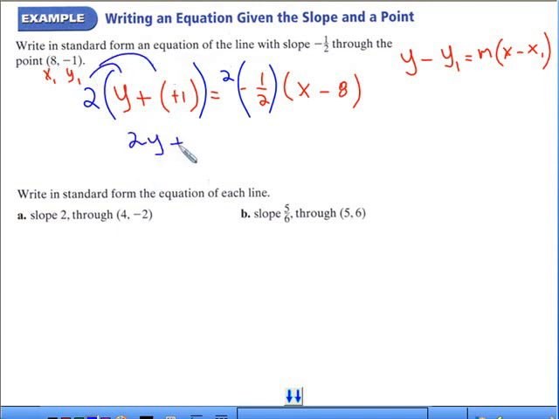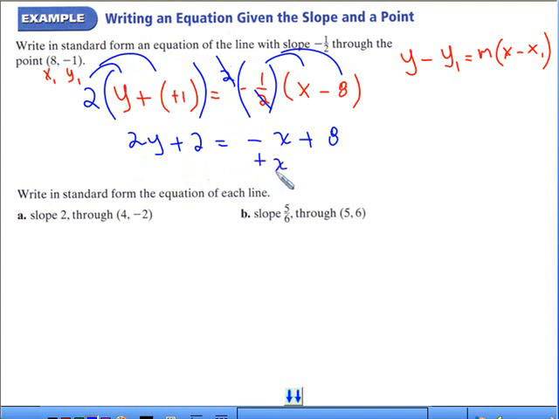So you get 2y plus 2 is going to equal, these 2's cancel, so you're left with -1. So we're going to distribute the -1 now. So you get negative x plus 8. And now remember, we need to put it in standard form. So we need to get the x's and the y's together on one side and the numbers on the other side.